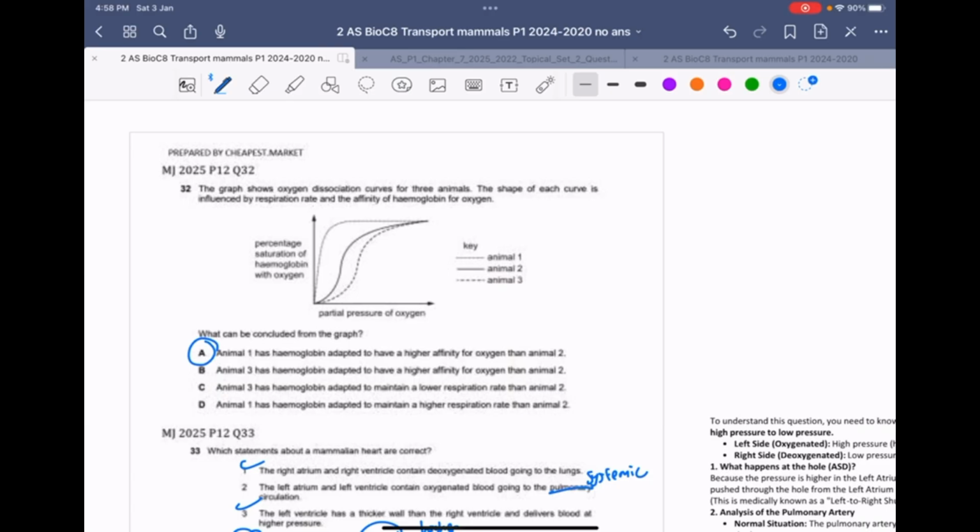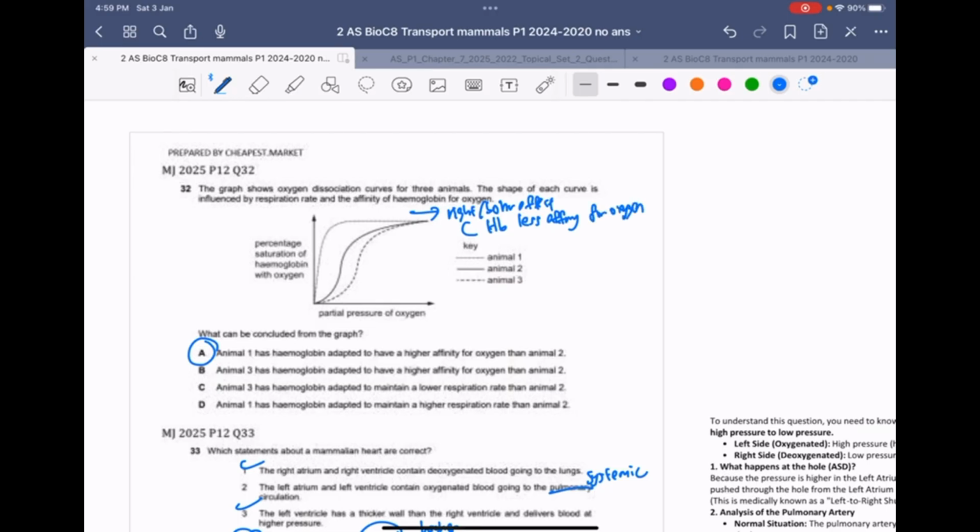So this is showing the 3 animals, 1, 2, 3, and then you just need to know that if the curve moves to the right side, it refers to the right shift, or sometimes we call it Bohr effect. So Bohr effect means that the hemoglobins have a lower affinity for the oxygens.